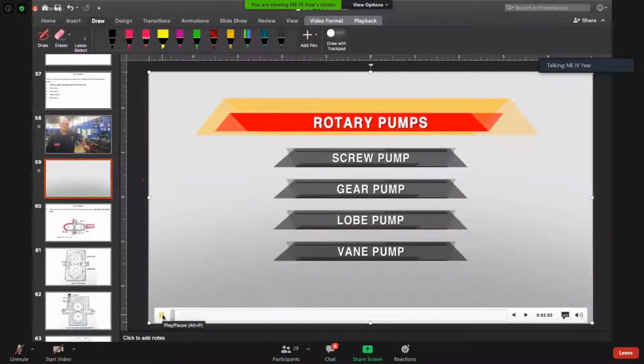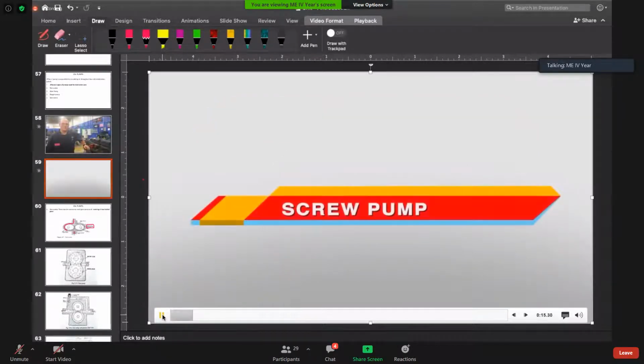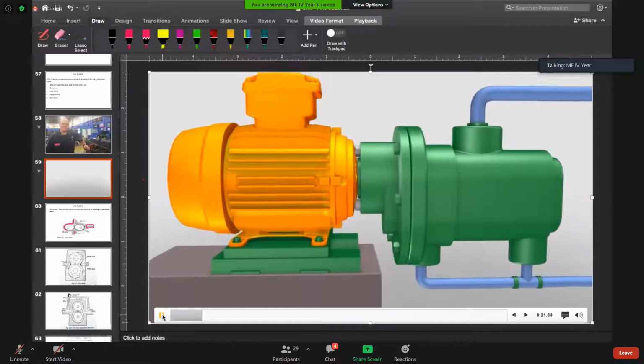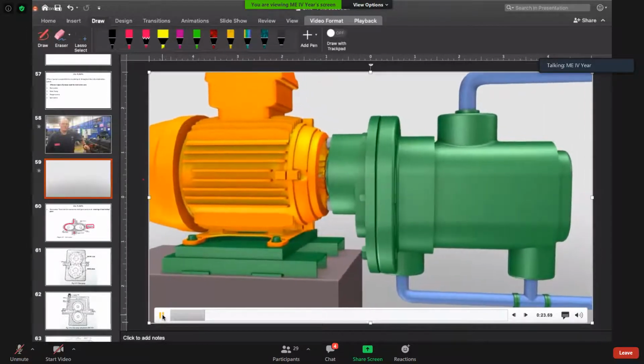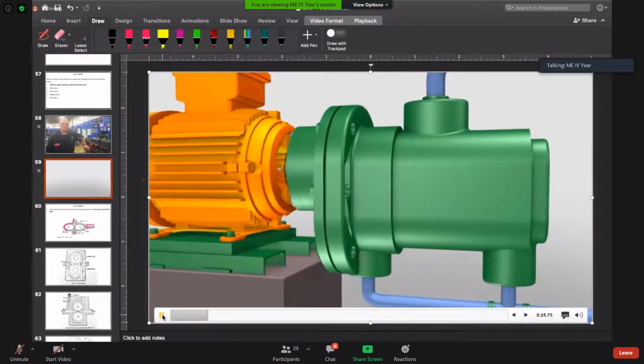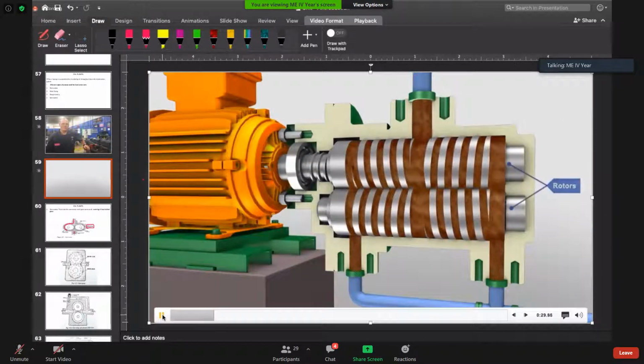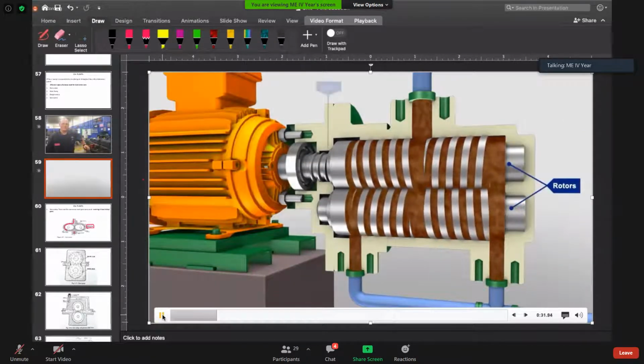Rotary pumps. There are 4 types of rotary pumps: screw pump, gear pump, lobe pump, vane pump. In screw pumps, it is the intermeshing of the threads on the rotors and the close fit of the surrounding housing that creates one or more sets of moving seals in a series between the pump inlet and outlet.